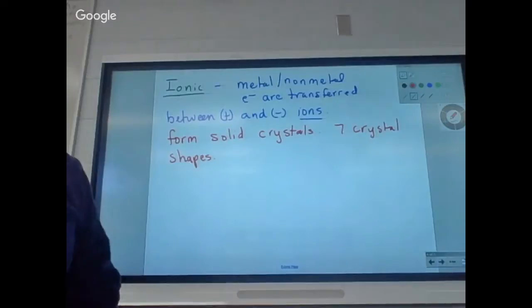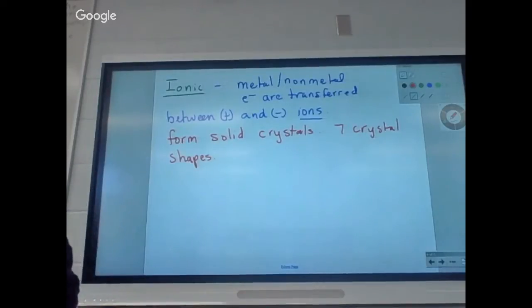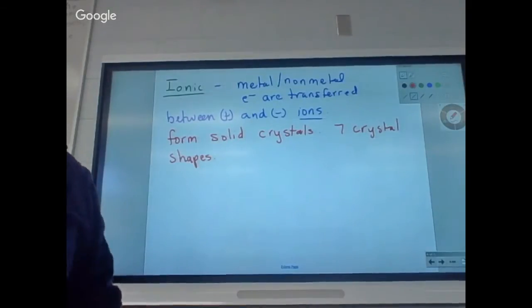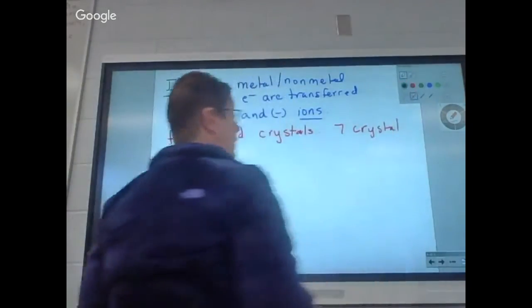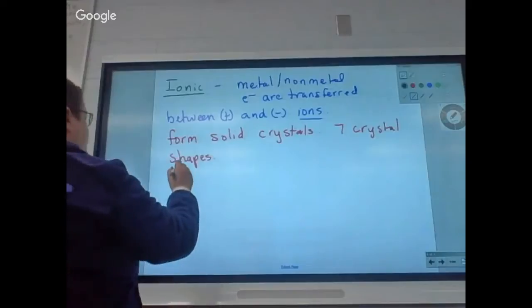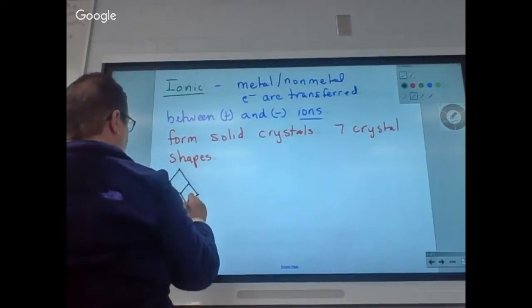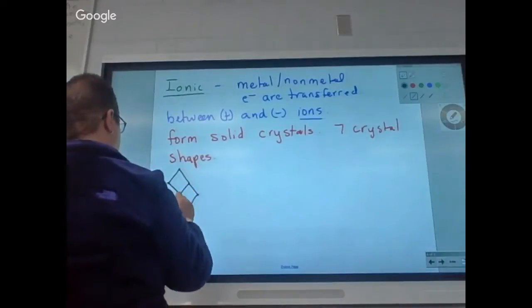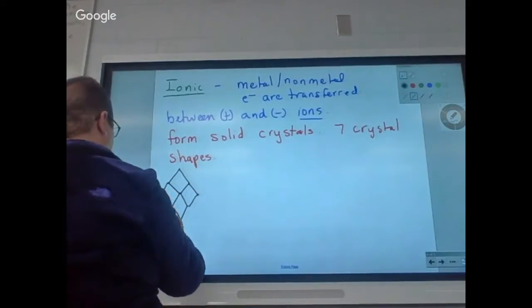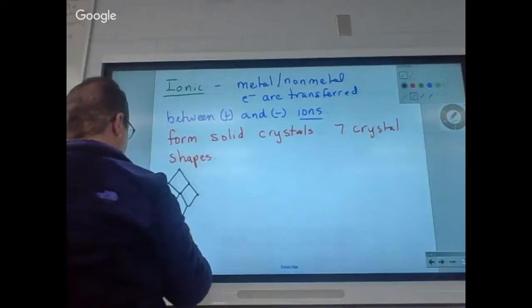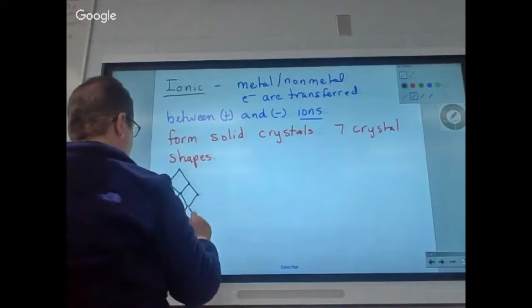But there are only 7, okay? So every ionic compound that exists worldwide has to be one of 7 shapes. So to illustrate how ionic solids work, all right? And I cannot draw for anything, so I apologize now for my terrible drawing. Yes, you need to draw it. Or something similar.